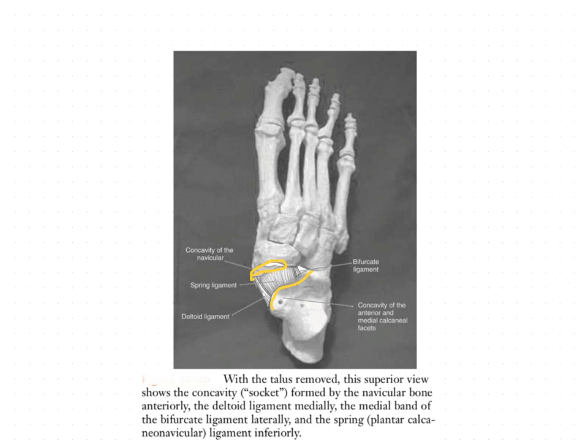Thus, the inferior aspect of the joint capsule is formed by the plantar calcaneonavicular ligament, which is called the spring ligament. This ligament spans the gap between the calcaneum and navicular below the talar head. The capsule is reinforced medially by the deltoid ligament, and laterally by the bifurcate ligaments.